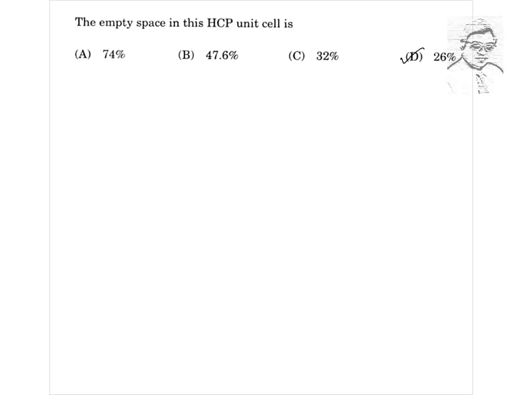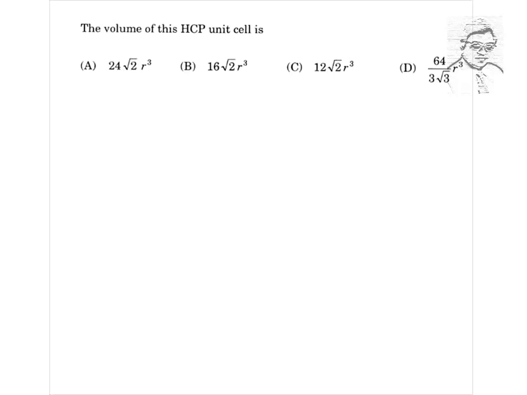And now comes the most difficult part. The volume of this HCP unit cell is. Now, how does one calculate the volume? If you look at a cylinder, why is it pi r square into h?